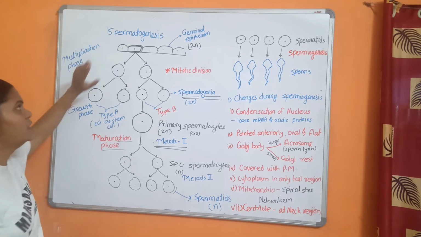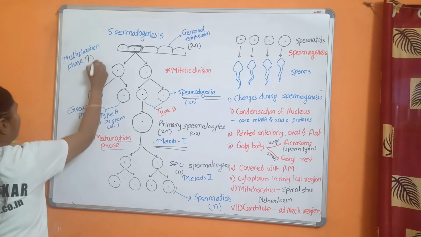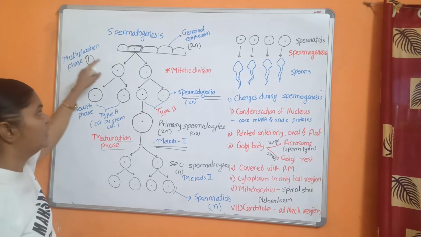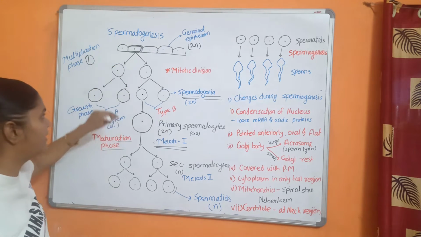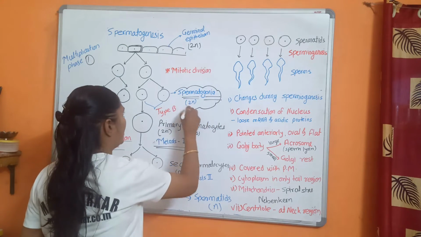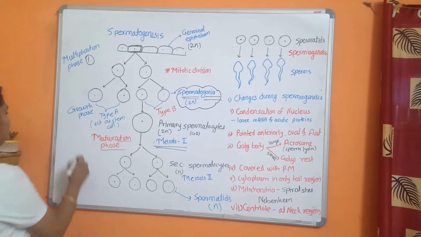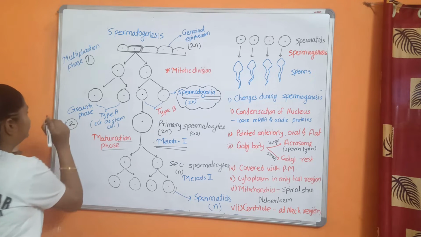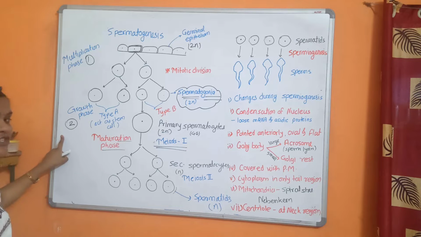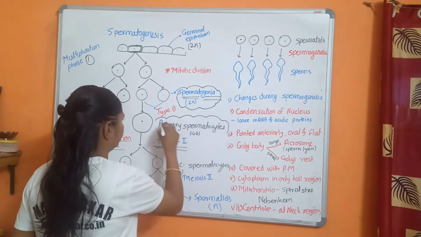Okay, do you understand this? First, the germinal epithelium shows the first phase, called the multiplication phase, through which it divides mitotically and converts into spermatogonia. Then this spermatogonia shows the second phase, called the growth phase, through which primary spermatocytes are produced.